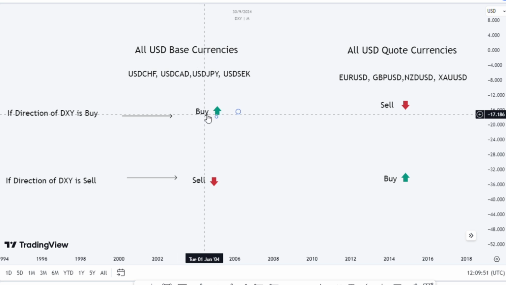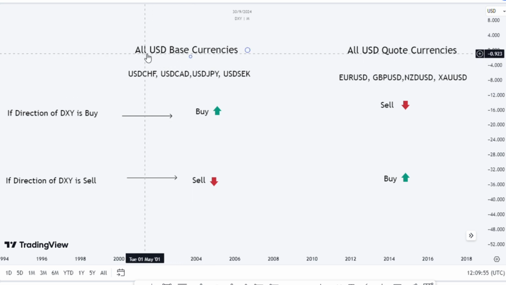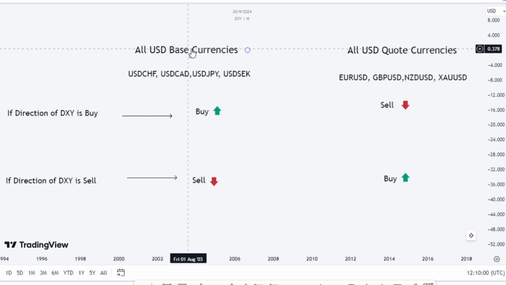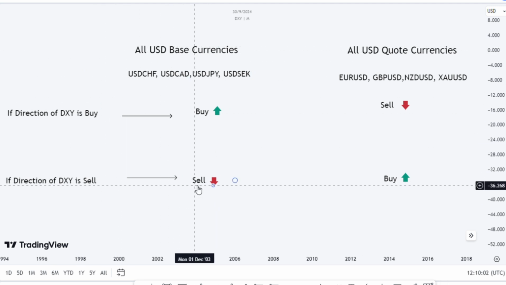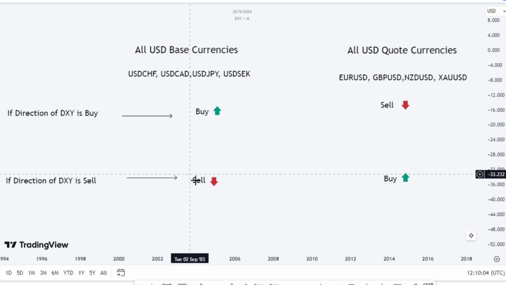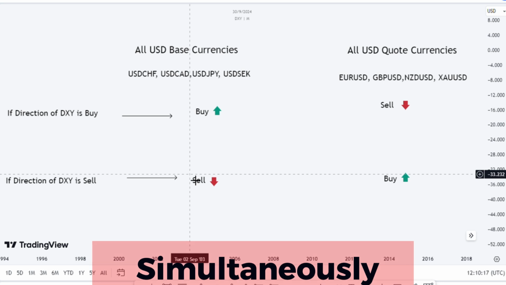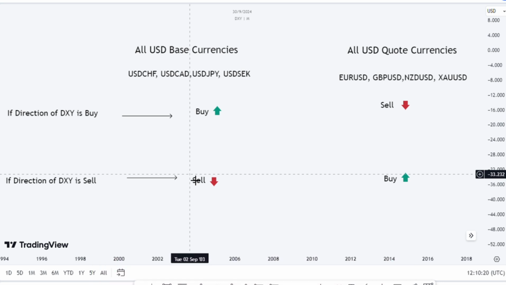However, if you analyze DXY and you get the direction to be sell, all USD based currencies are going to sell. You know that when you take a forex currency pair, when one currency is selling, the other one is buying. So you take USD CAD, when USD is buying, CAD is selling. In as much as USD is buying and CAD is selling, the same applies to the DXY too.